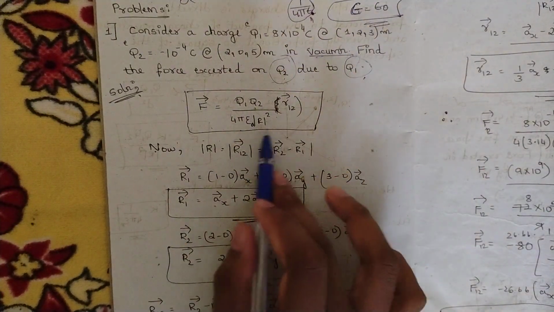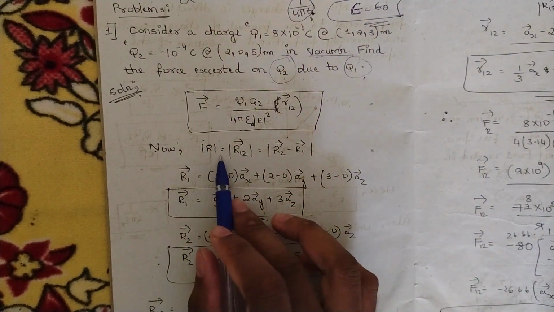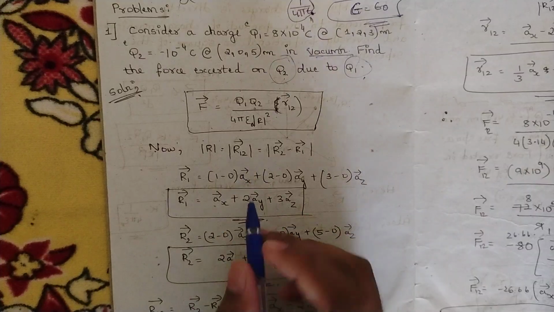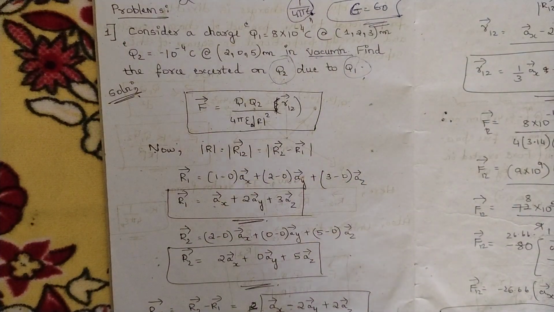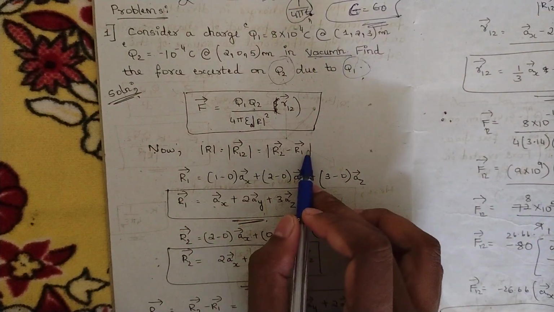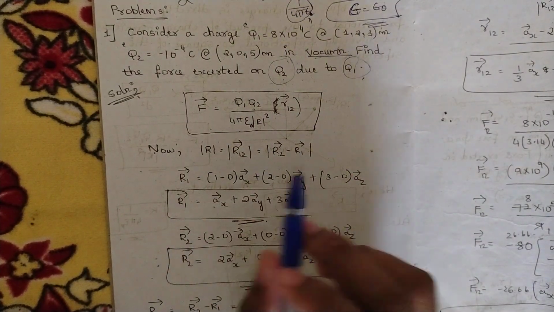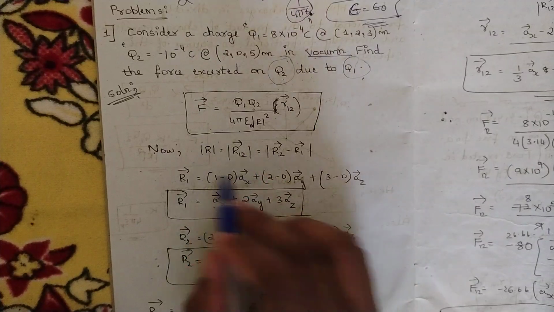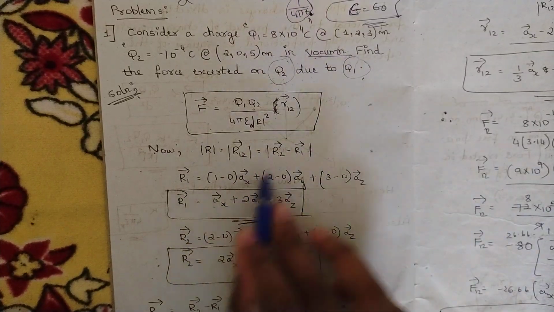Now find the vector r, which in this equation is equivalent to r12, that is equal to r2 minus r1. In order to find the value of r12, we should individually find r1 as well as r2.